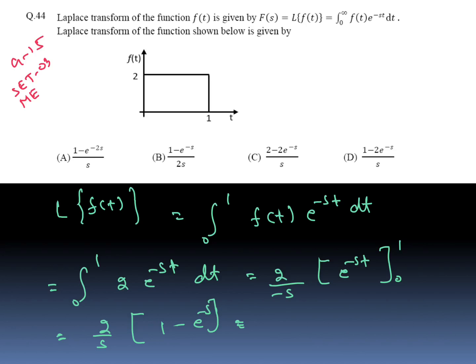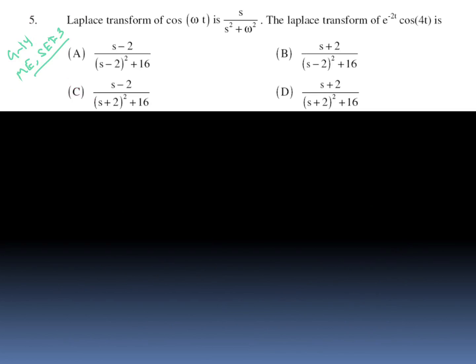So 2 minus 2 into e to the power minus s divided by s. This is your answer, C is your answer.